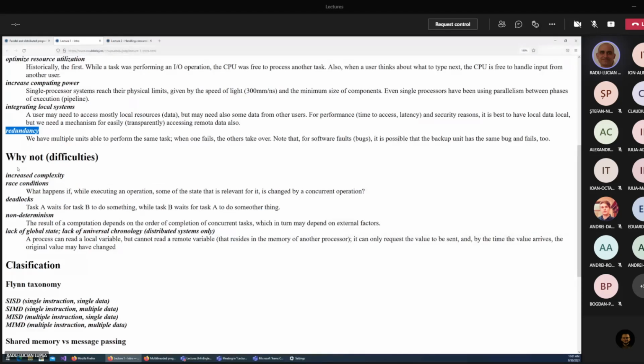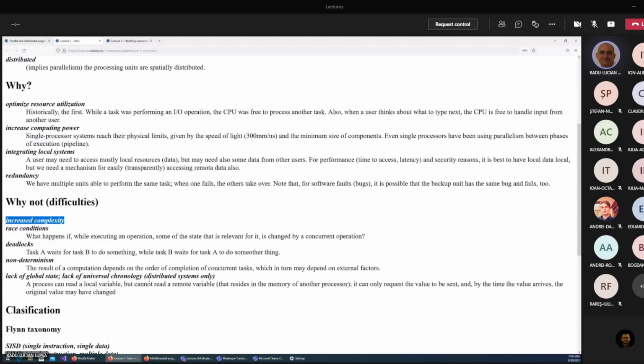Why not embark in the direction of concurrent, parallel, and distributed computing? The first thing, and we don't have to talk much about that, is that it's more complex, it's easier to have bugs, it's harder to understand, harder to modify, harder to do anything. For that reason, if you don't have a good reason to do concurrent or parallel programming, don't do that.